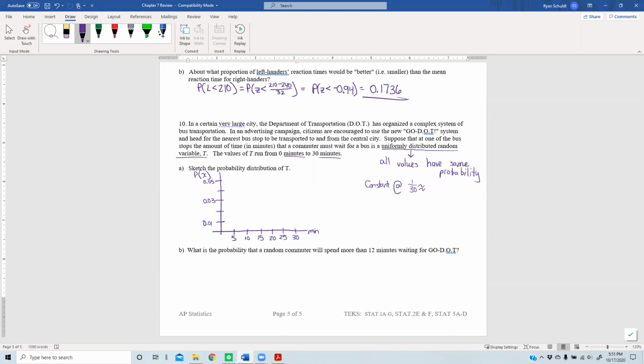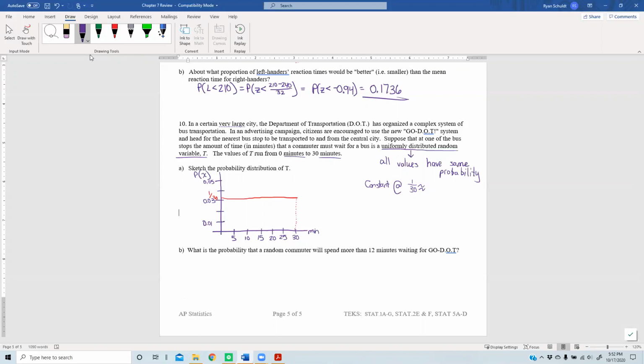So just slightly above the 0.03 right here. So that's what it looks like. It's just a straight line all the way out to 30. This is 1/30th right here. So that's all we have to do for the probability distribution, is just draw the graph.